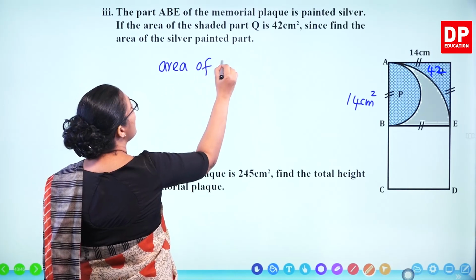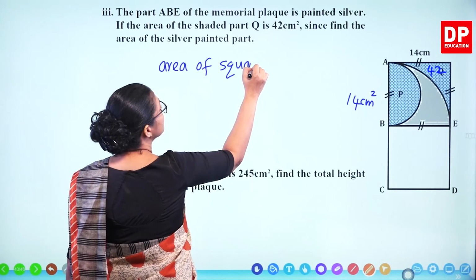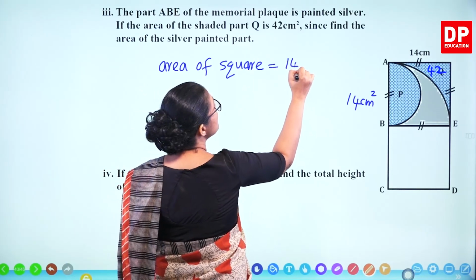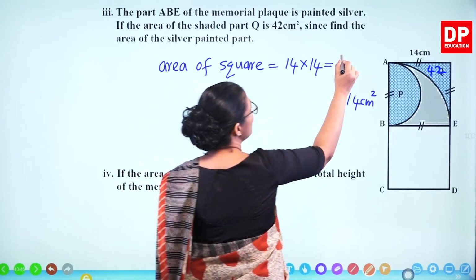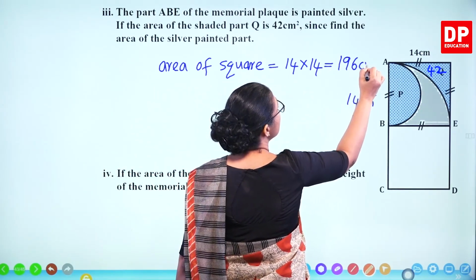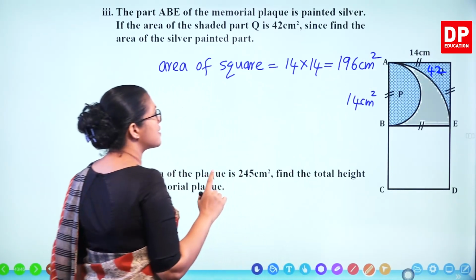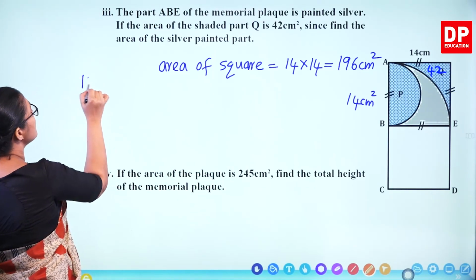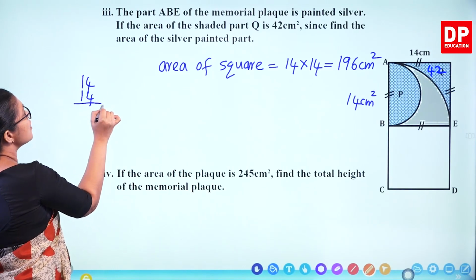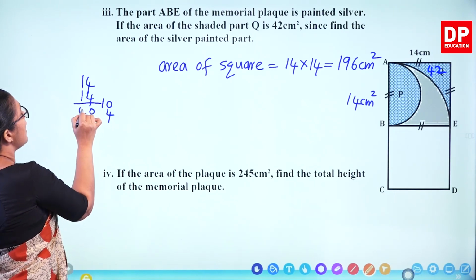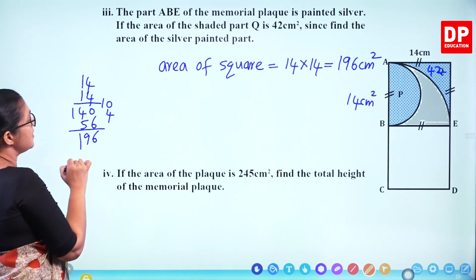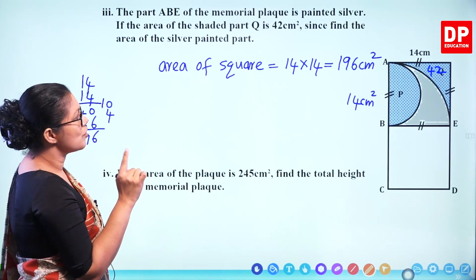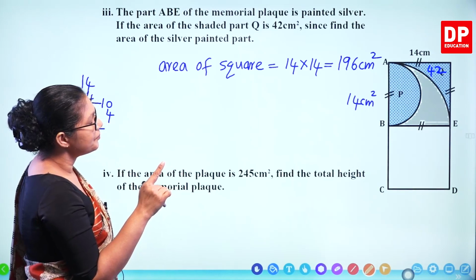Area of square, 14 times 14. What's the answer? Can you remember? That's 196. So if you can't do at once, do the multiplication separately and find out the answer. So you get 196 as the multiplication, 14 times 14.